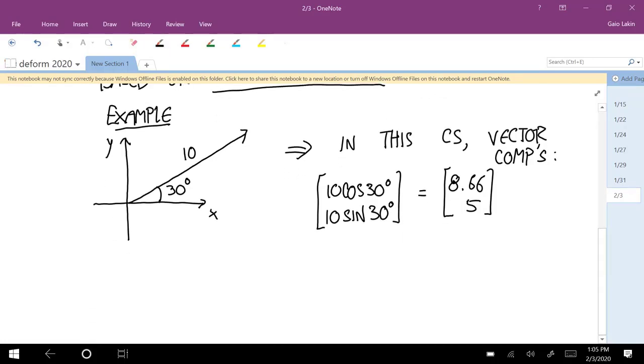But you can represent this vector in any coordinate system. In a different coordinate system, the components of the same vector would be different.